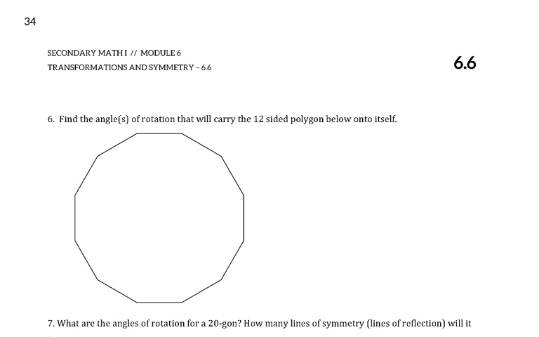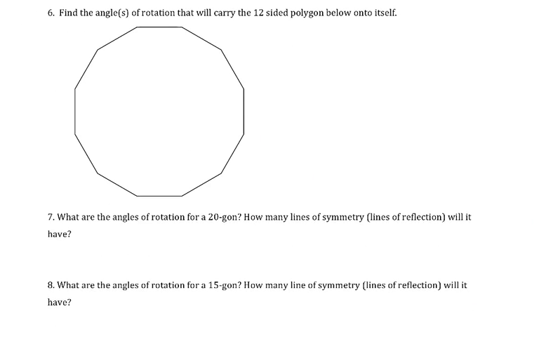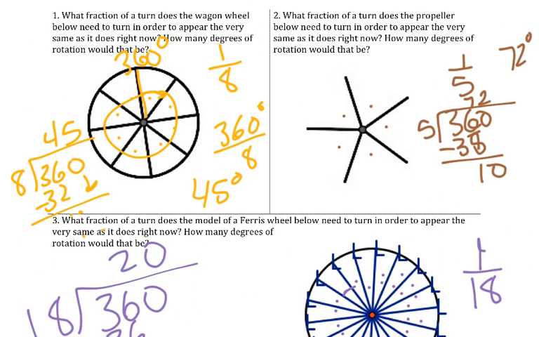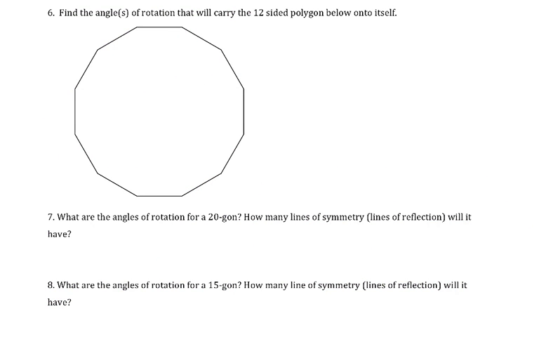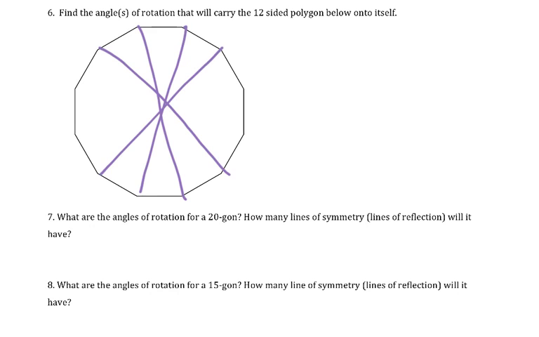All right. Okay, it says find the angle of rotation that will carry the 12-sided polygon below onto itself. We'll think back to what we did up here, right? However many slices there were, we divided that into 360. Okay, basically those were all the vertices, right? Just across from each other.